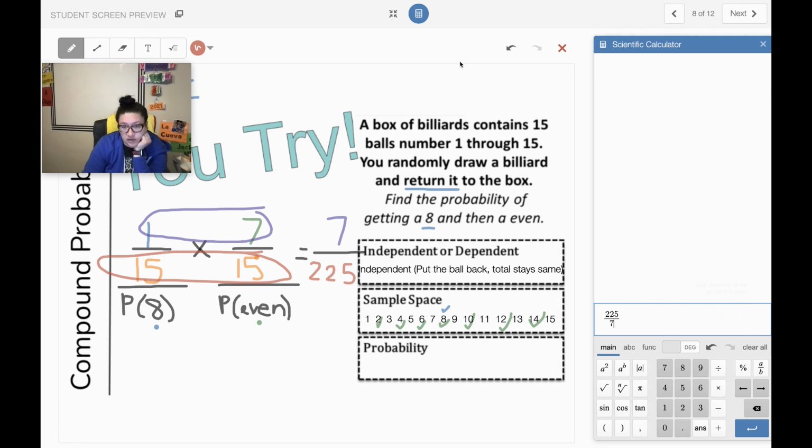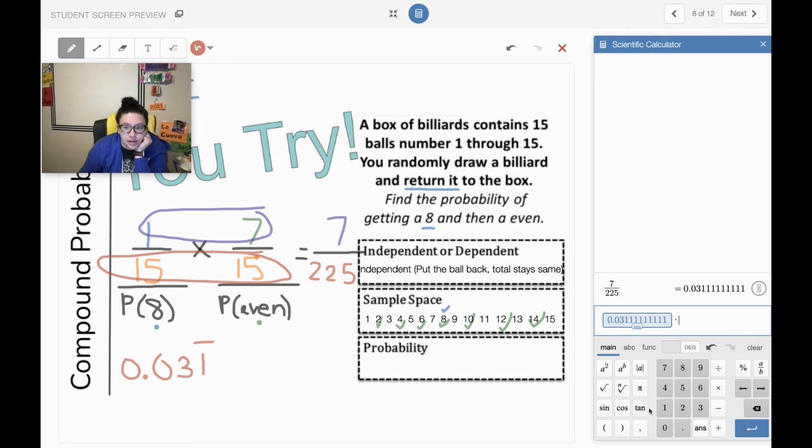If I do 225 divided by 7, ooh, that's an ugly number. So that tells me I can't simplify by that 7. So that's in simplest form, but now I want it in decimal, so I have to divide. So 7 divided by 225, that's going to give me 0.031 repeating. That's kind of ugly.